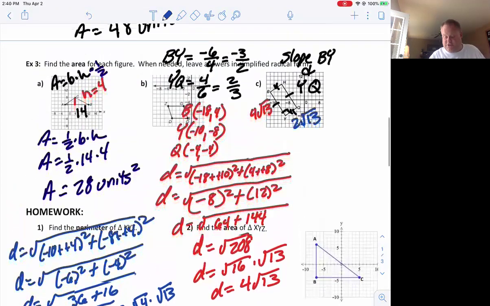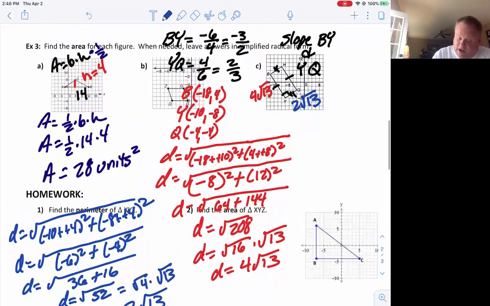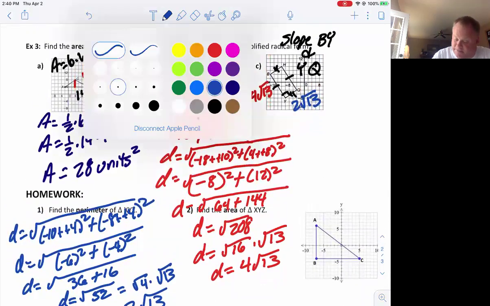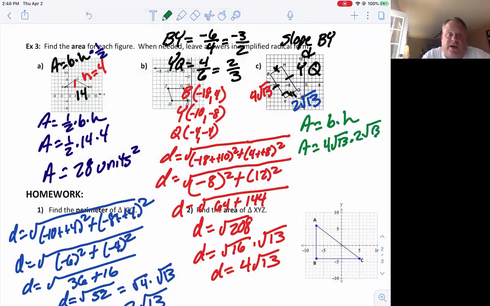All right, so as I'm doing this, and I'm going to come back up here, I need to find the area of that. So area is base times height. So area is going to be 4 square root of 13 times 2 square root of 13. Now, the thing I want you to do is put that into your calculator. If it comes out to a whole number, it is a whole number. And you should kind of see that it will.